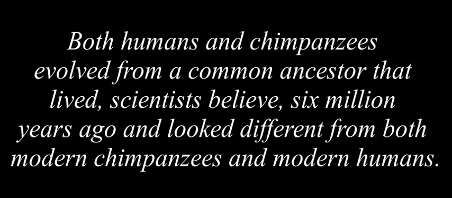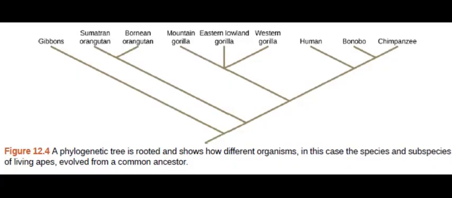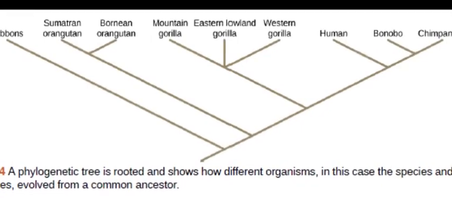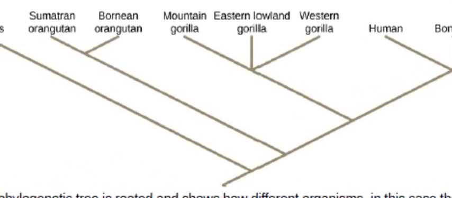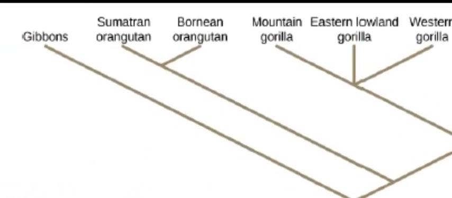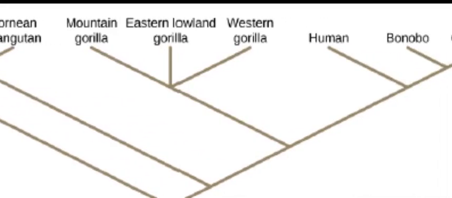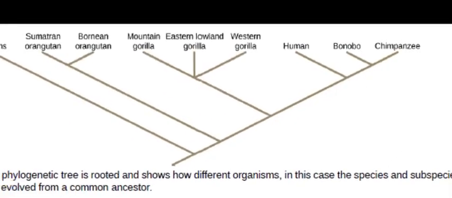Both humans and chimpanzees evolved from a common ancestor that lived, scientists believe, 6 million years ago and looked different from both modern chimpanzees and modern humans. Figure 12.4. A phylogenetic tree is rooted and shows how different organisms, in this case the species and subspecies of living apes, evolved from a common ancestor.